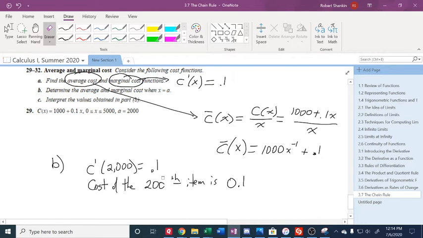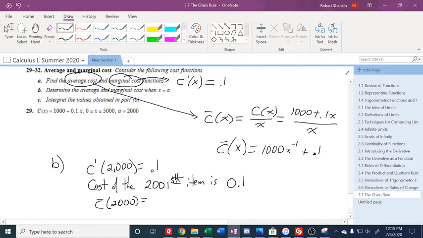If that's what this textbook does, let's do the same thing. Cost of the 2001st item is 0.1. And then the average cost if you made 2,000 items.